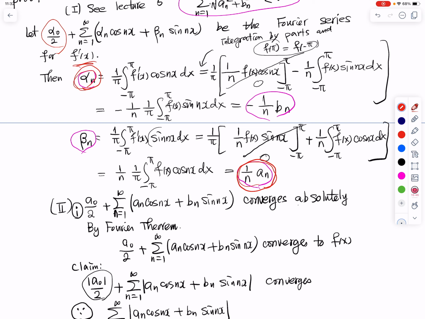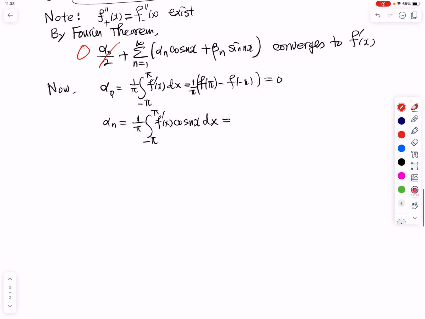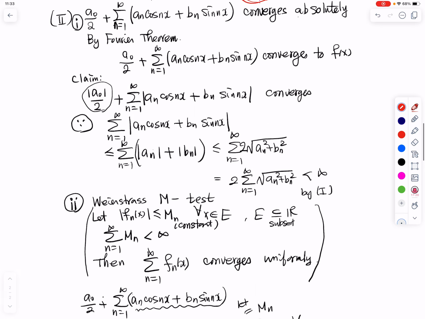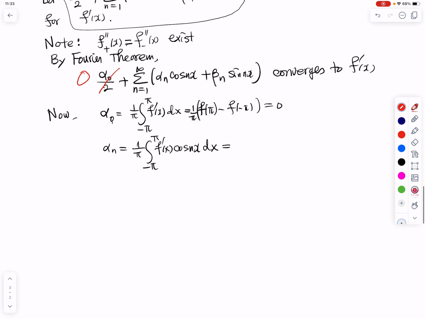So alpha n is minus 1 over n times bn, and then beta n equals 1 over n times an.